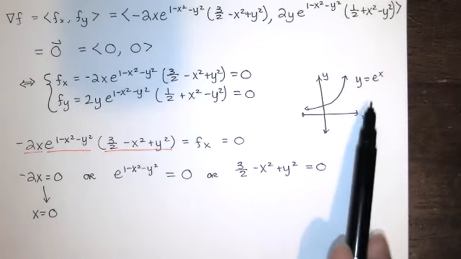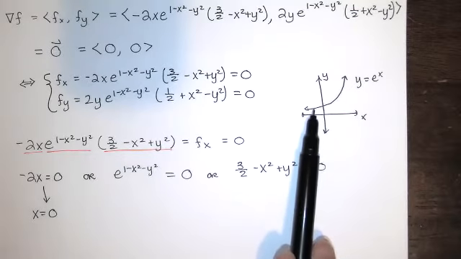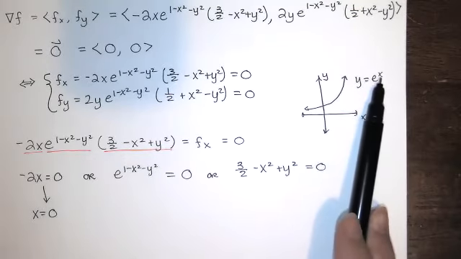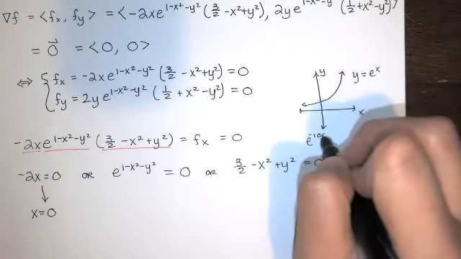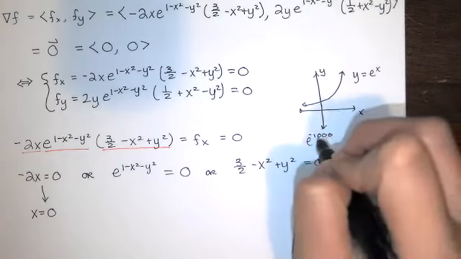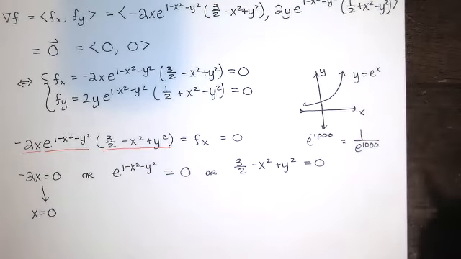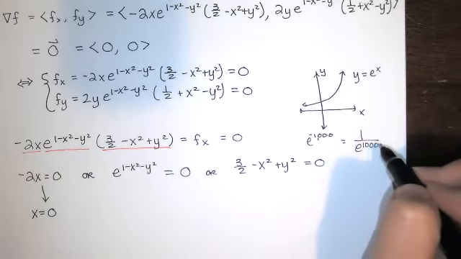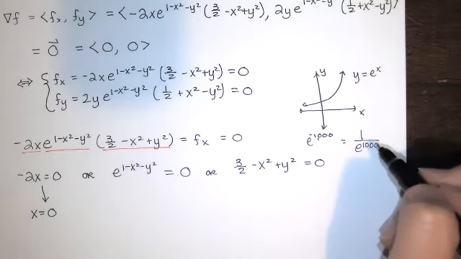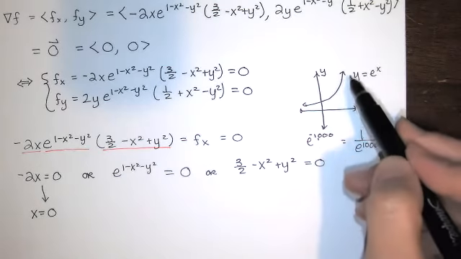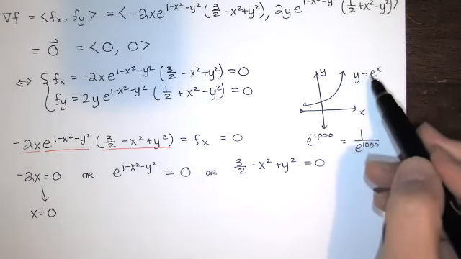From this, I can see that e to some power is always going to give me a positive answer, even if x was, say, -1 million. Let's make it -1,000 so I don't have to write so many zeros. Remember our exponent properties, that's really 1 over e to the 1,000th. So that is 1 over a very large number, and 1 over a large number is a very small positive number. So the range of this function is 0 to infinity, not including 0. You're never going to get a 0 out of this.